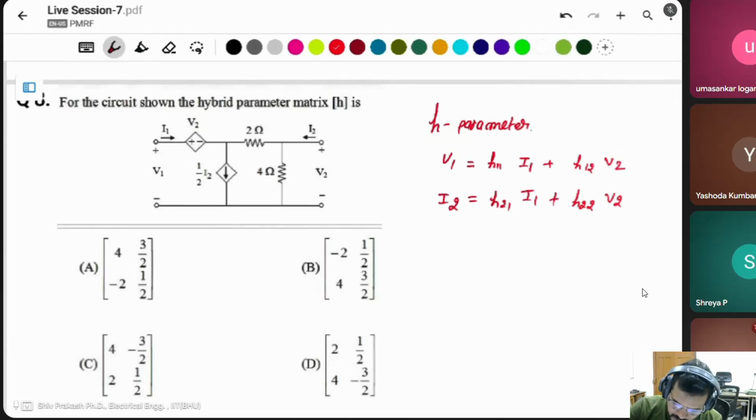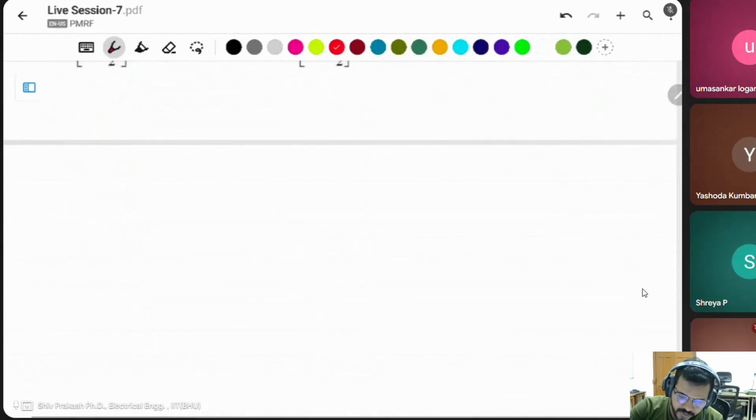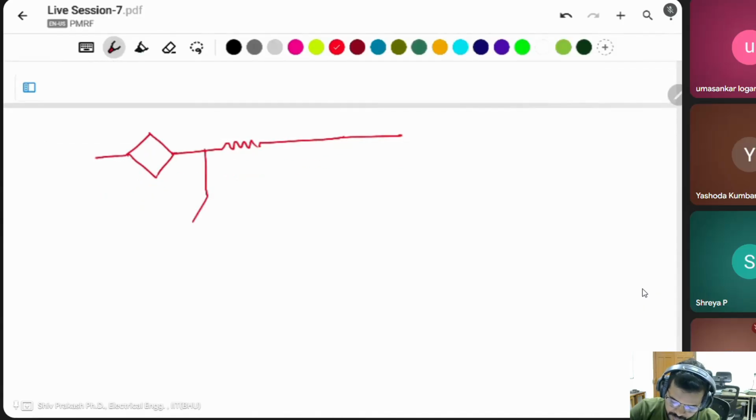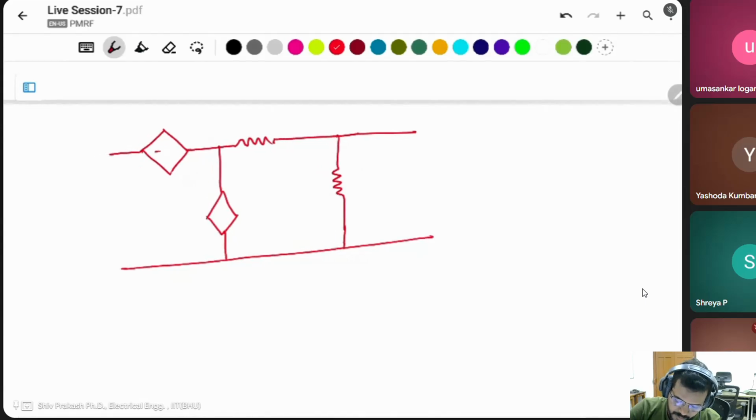Okay. Simply write the circuit. Okay. V2, this one we have I2 is given.